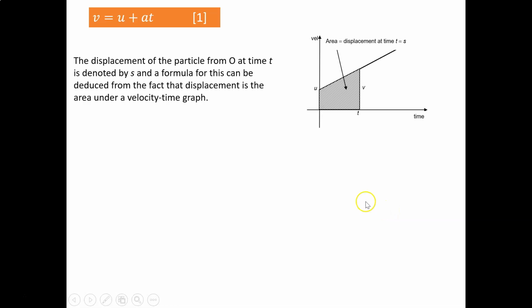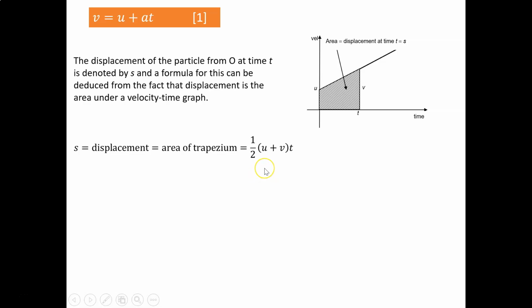The displacement of the particle from O at a time t is denoted by s, and the formula for this can be deduced from the fact that the displacement is the area under the velocity time graph. We have here a trapezium on its side, and the area of the trapezium is the sum of the parallel sides times the distance between them, divided by 2.